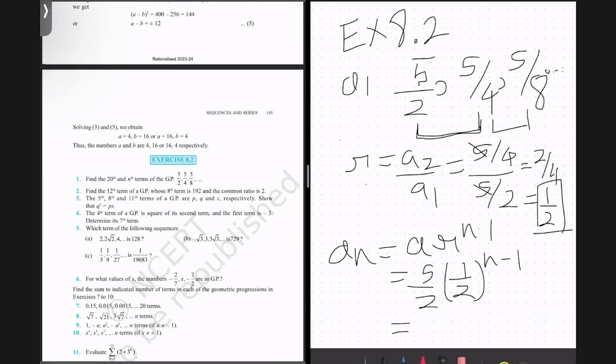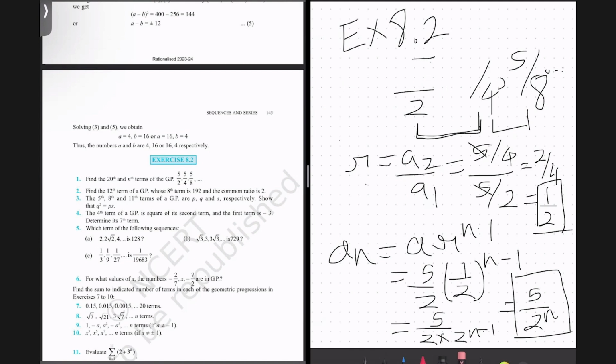So I would have 5 upon 2 into 2 to the power n minus 1. You can add these powers up: n minus 1 plus 1 is just n. So 5 upon 2 to the power n would describe any term in this GP. So that is the nth term, and we also found the 20th term of the GP. That was the first question for you guys.